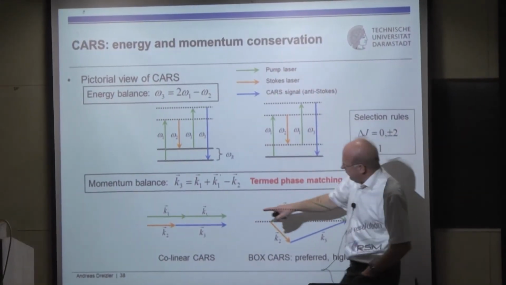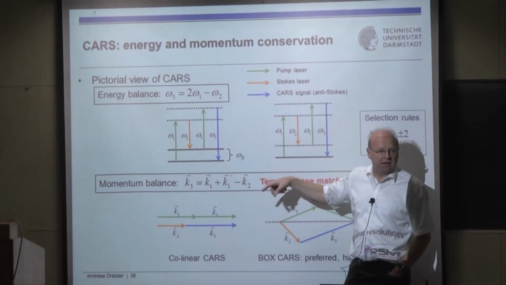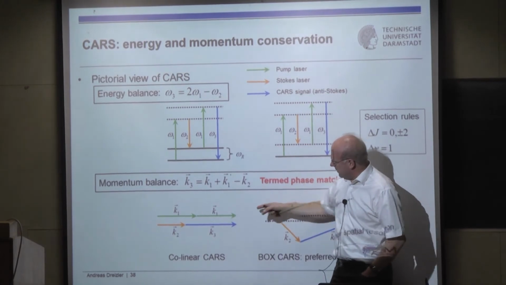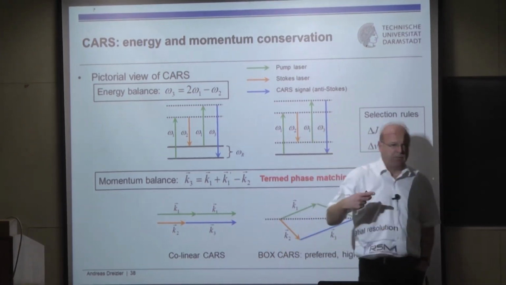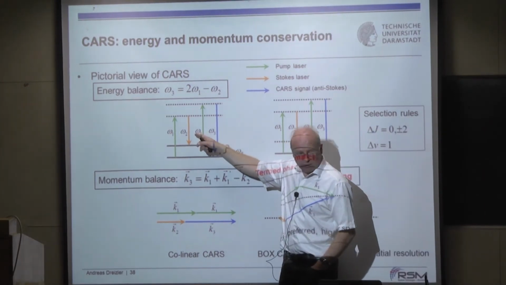If you have these 2 omega 1 photons, which are destroyed, they're not existent anymore, their momentum must go somewhere. And I said already that the omega 2 photon will be doubled. A new one will be created.